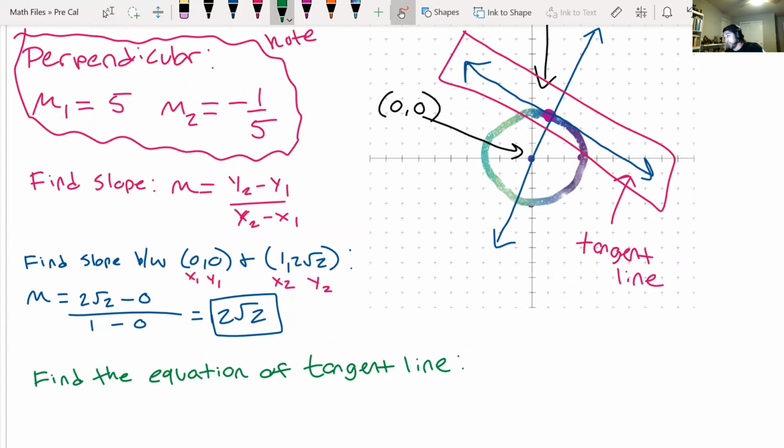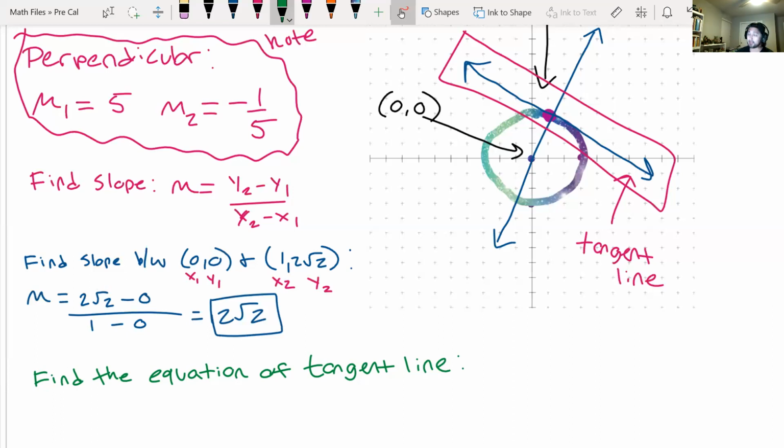And I'm going to let you know that there are only 2 ingredients you need to find an equation of any line. And those 2 ingredients are a slope and a point. Well, we have the point. The point on the tangent line is that 1, 2 square root of 2. The next thing we have is the slope.